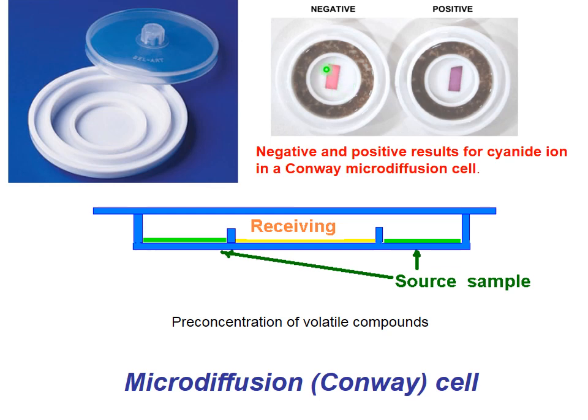What can you do with this? Any volatile compounds, for example, hydrogen cyanide will go from blood into testing area and change color of indicator.